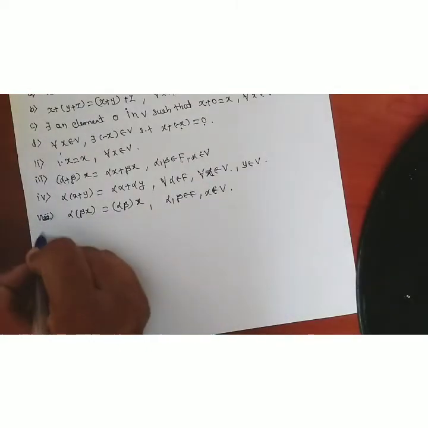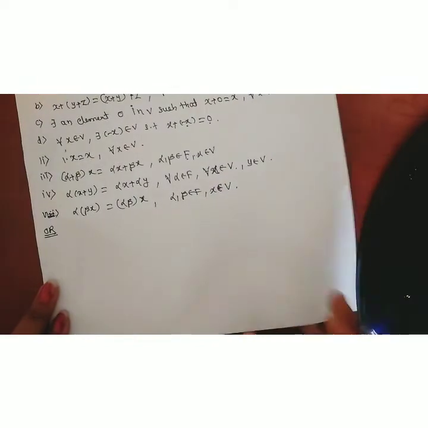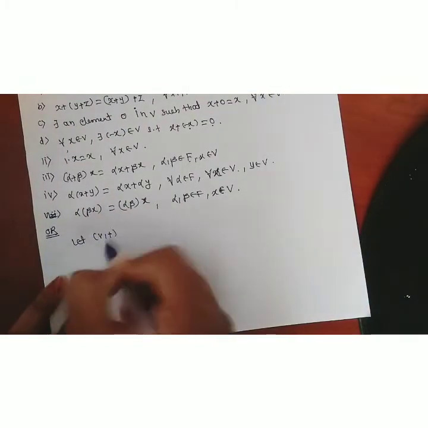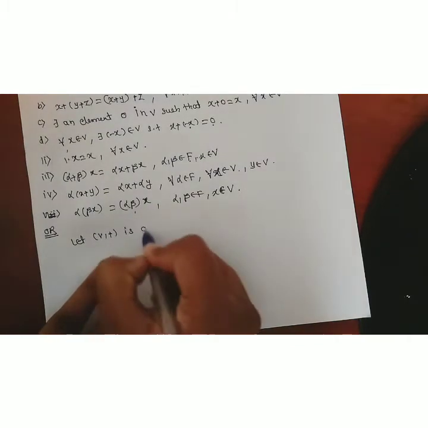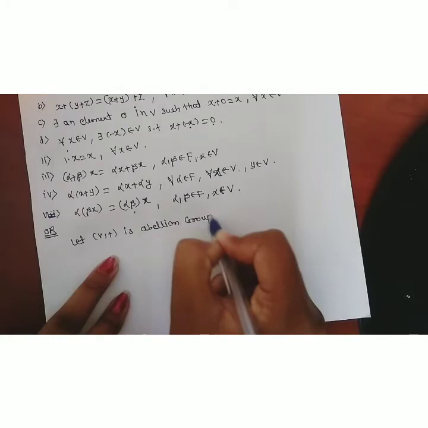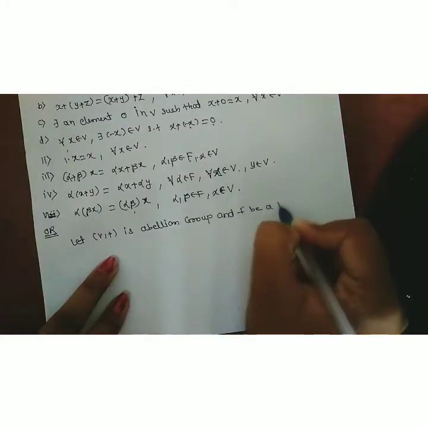Or the other method for showing the vector space is: let V plus be an abelian group and F be a field.